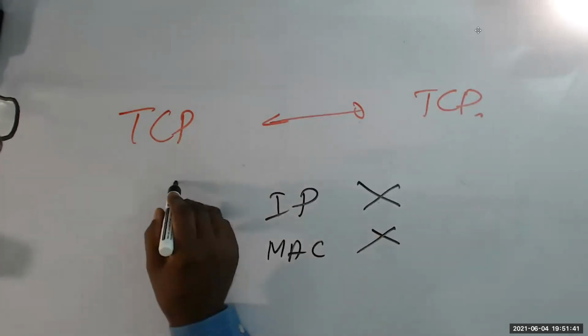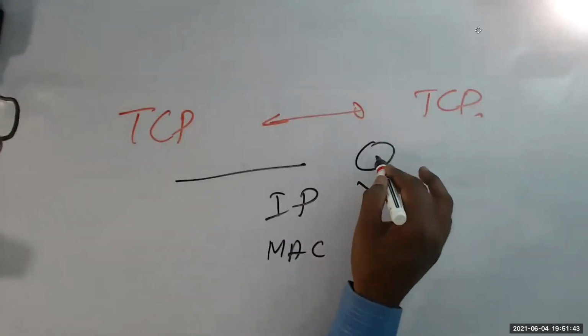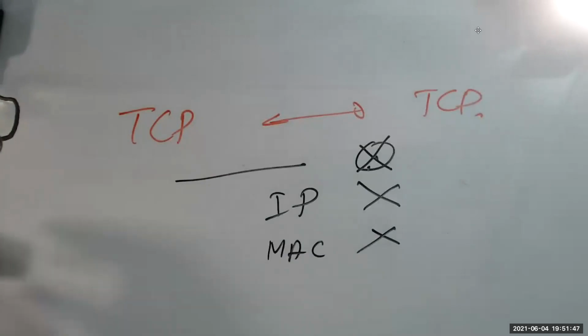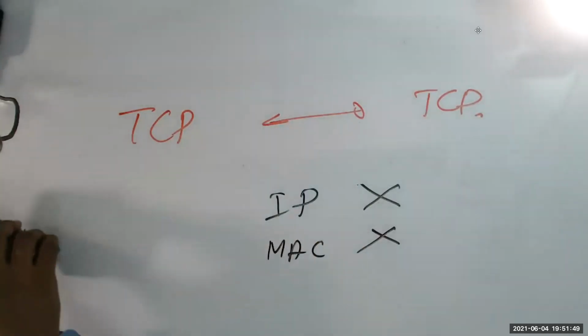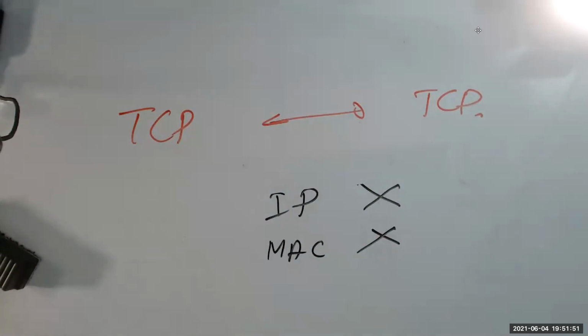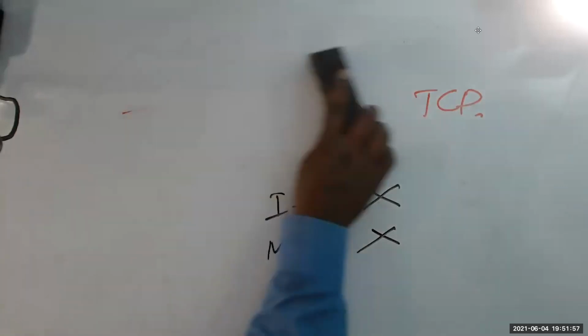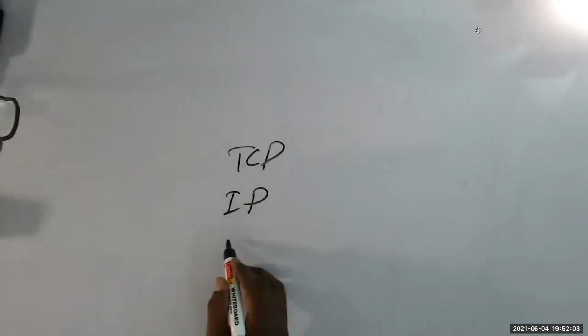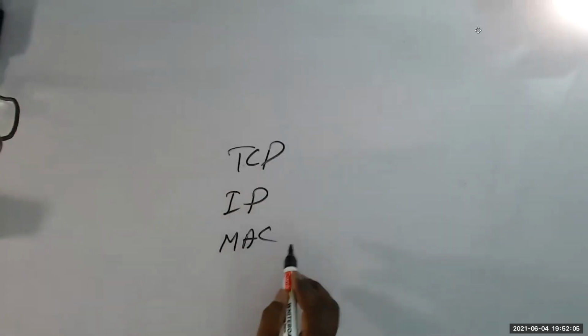They just transmit. If something happens somewhere, they drop the packet, they will not give you acknowledgement. Whereas in TCP, every packet you send, you will be getting acknowledgement. That's the only difference between these three. That's why they make sure that these three, IP, TCP, and MAC, physical.